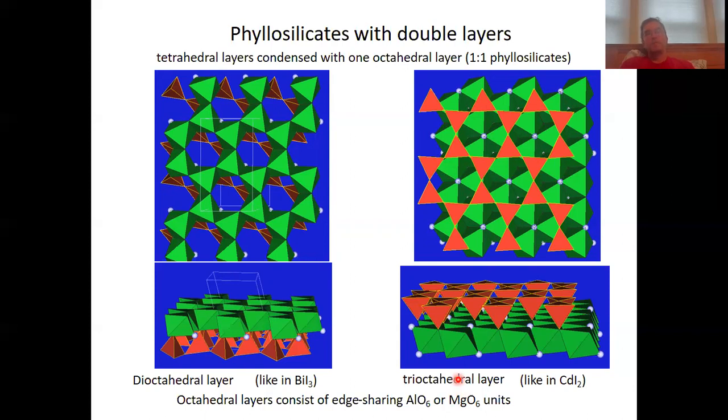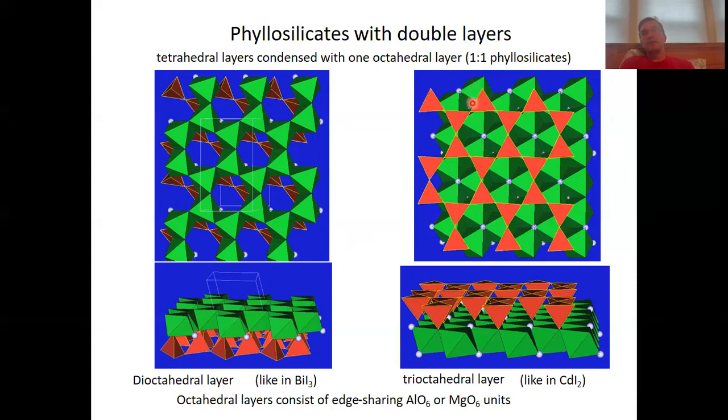So you see the trioctahedral layer realized here, and you see that this trioctahedral layer is a dense layer of corner sharing octahedra, which you see here in green.